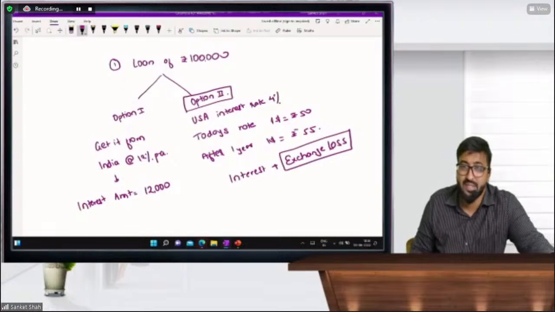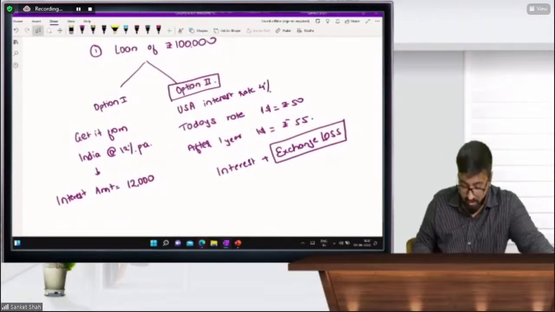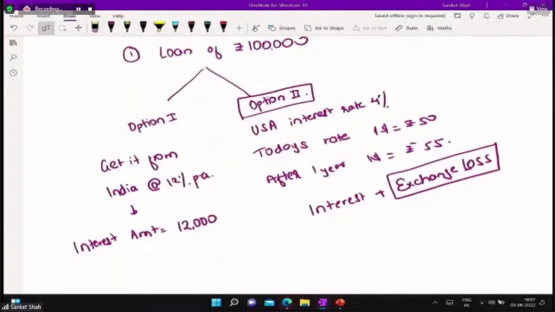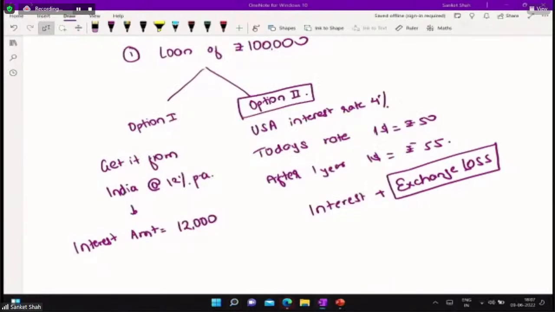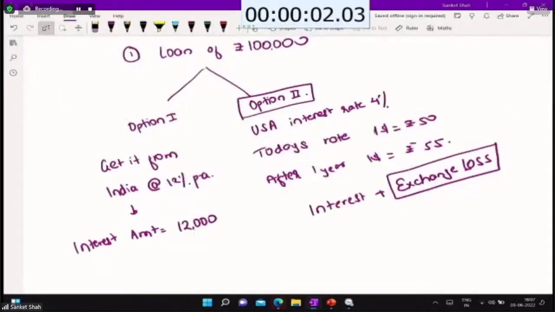Please tell me this exchange loss calculation. You have 2 minutes. Let's see who is answering fast. In USA, what is interest plus exchange loss?